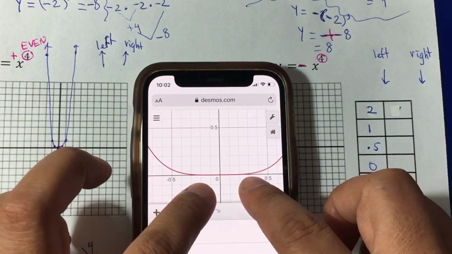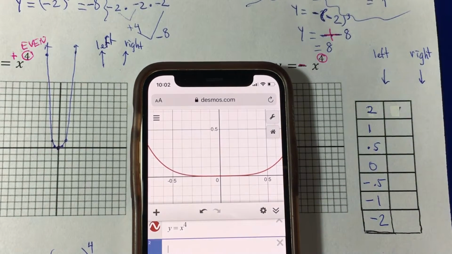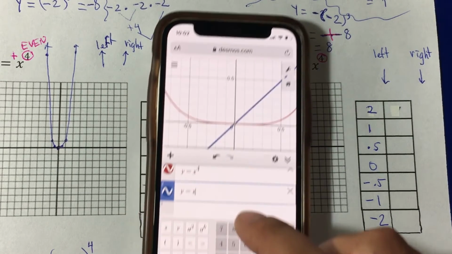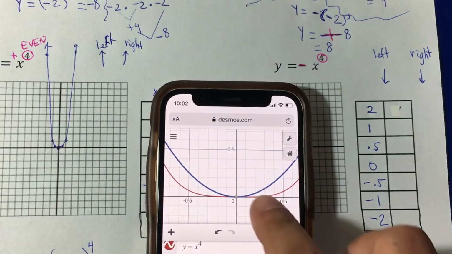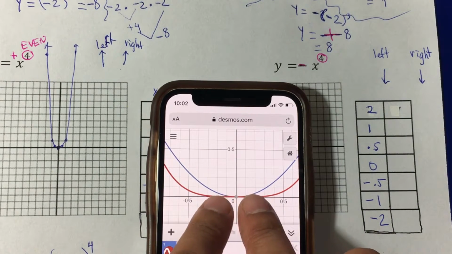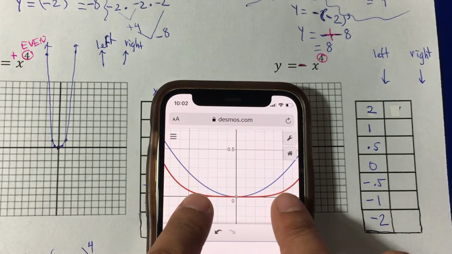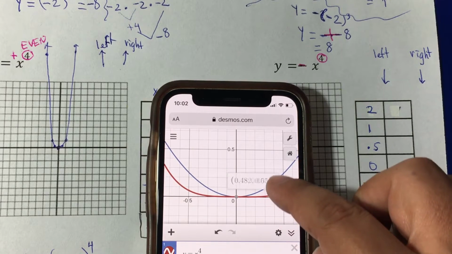Notice in here for this one, let me also include y equals x squared so that you can see the difference. For the square, all you do is put the caret and the second power right there. So notice how when we raise to the fourth power, it opens a lot slower at first. Because when you're multiplying decimals times decimals times decimals, usually your number will be smaller than what you're multiplying.